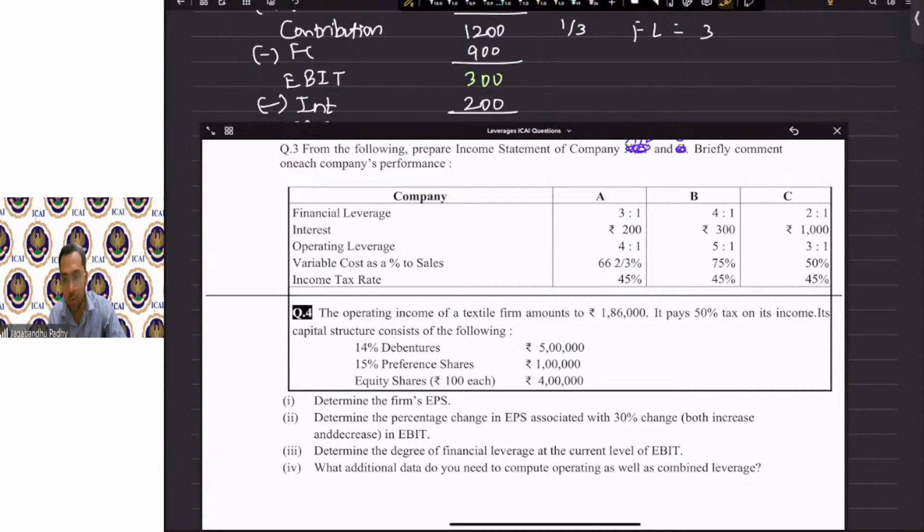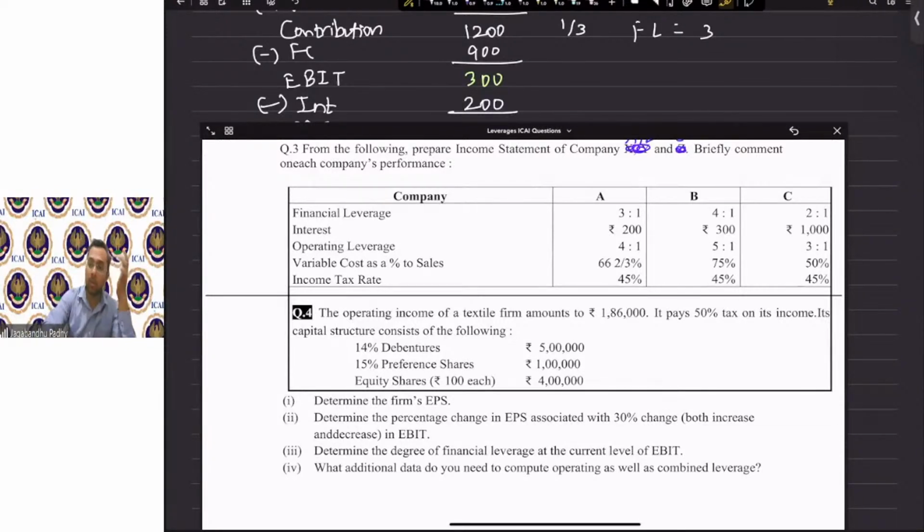Are you good with 10 minutes being sufficient for solving both B and C? Yes? Okay. So in that situation, let's do one thing.